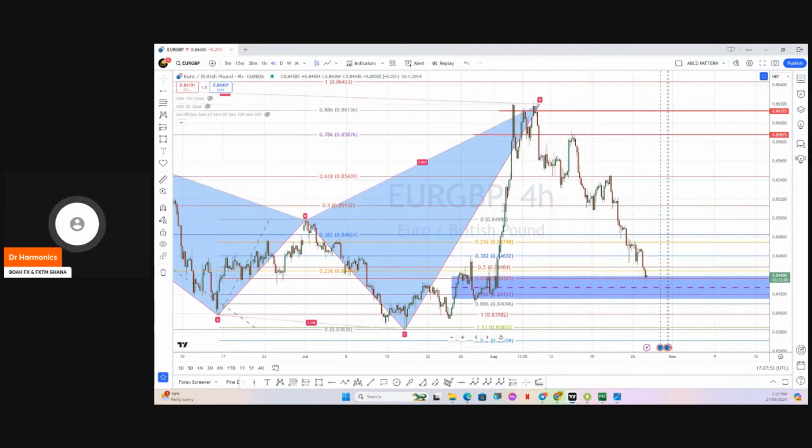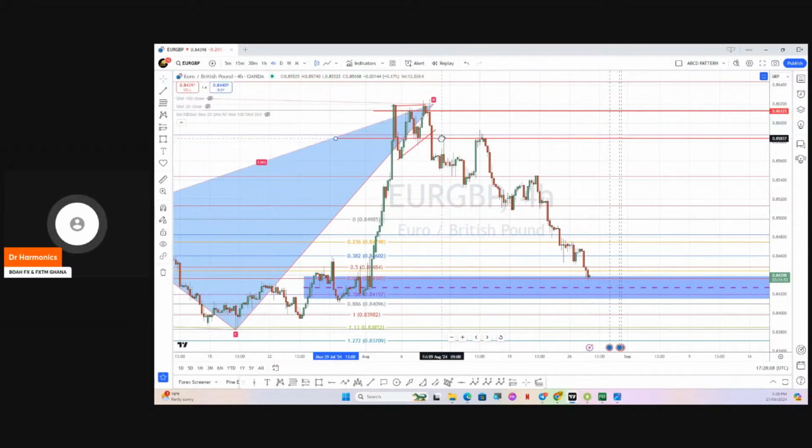Okay. Now, what do you do over here? Even if you're a swing trader, what you would have done is just draw your trend line here. Then you place your sell here, your stop loss here.